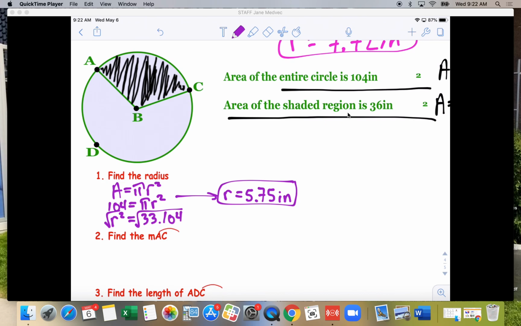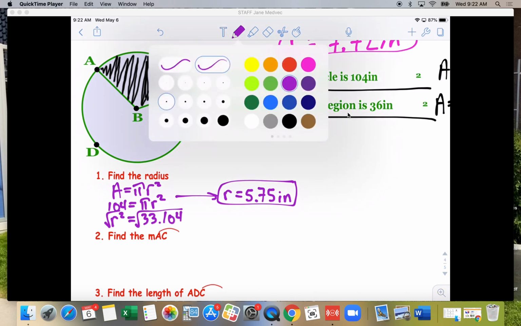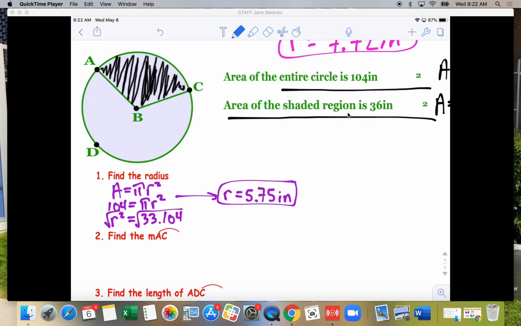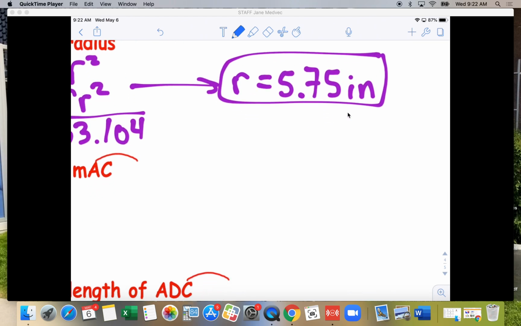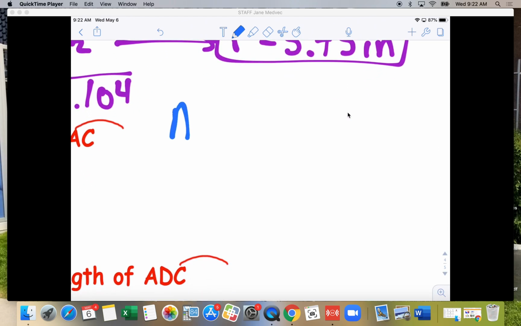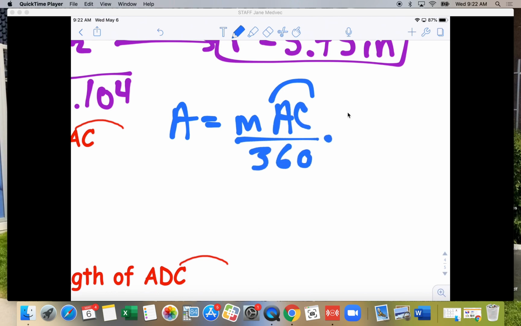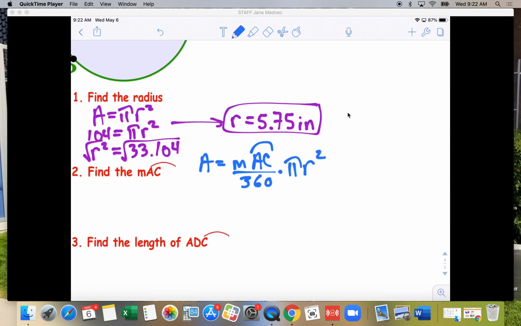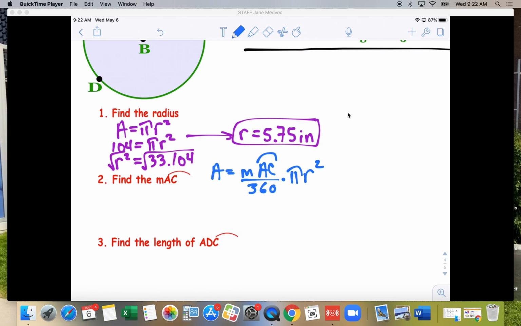Now when we go down to finding the measure of arc AC, I have to use that other equation. So I'm going to grab that equation: area equals the measure of arc AC all over 360 times pi r squared. Okay, and it wants me to find, and this is where it's kind of layered, this right here.